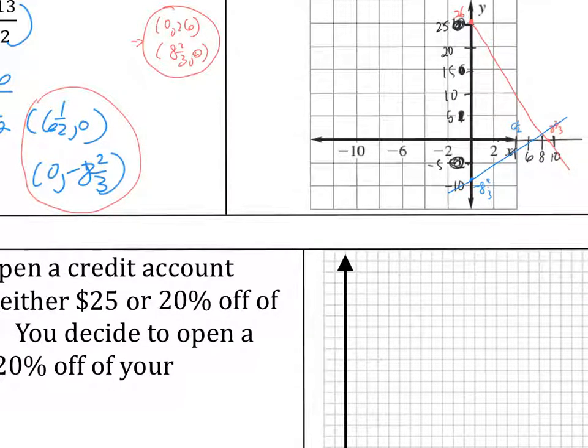So your intersection point is at 8, and I'm going to make a guess that this is about 2, but we need to check. So the intersecting point should be 8, 2.